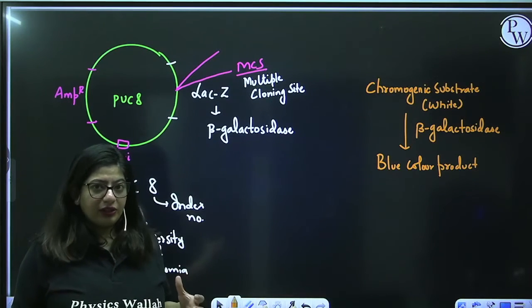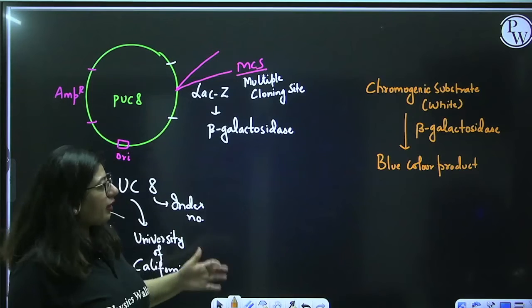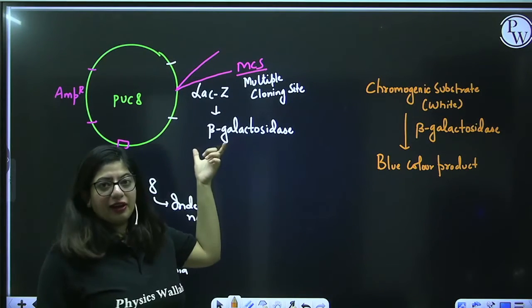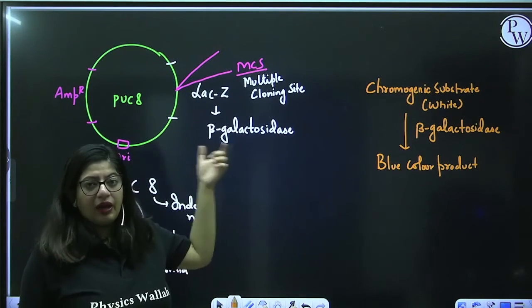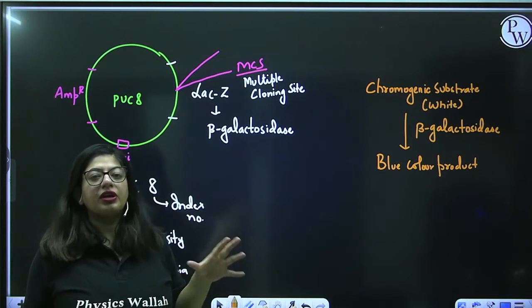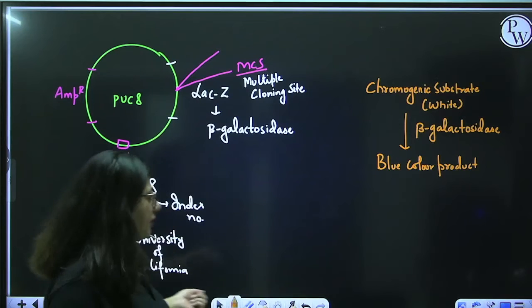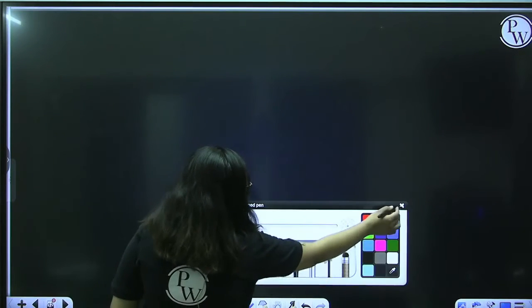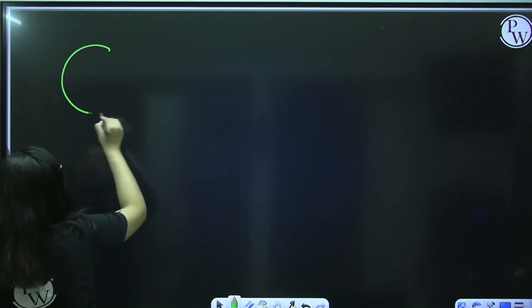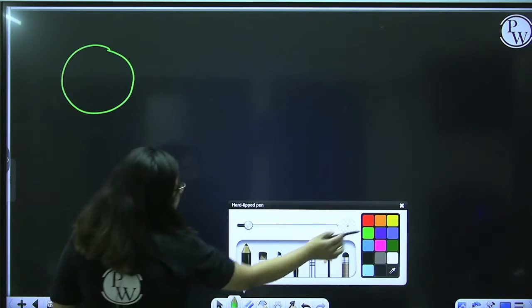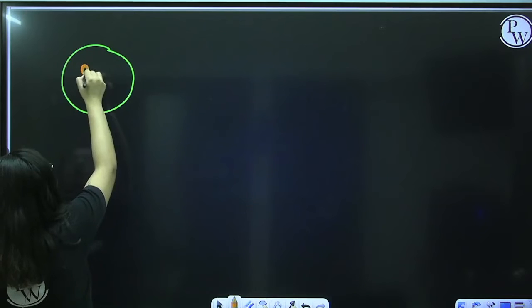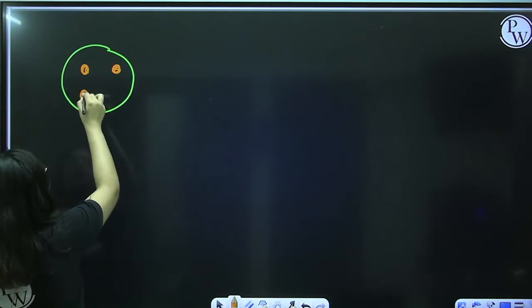So any colony which is blue in color means it has the intact beta-galactosidase gene, and that means no recombinant has been formed. That means no foreign DNA has been added. You don't understand? Let me explain in more detail. For example, if I have this bacterial plate, and this plate has 4 colonies, 1, 2, 3 and 4.